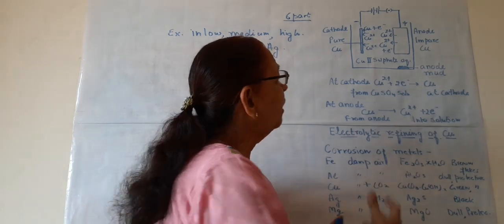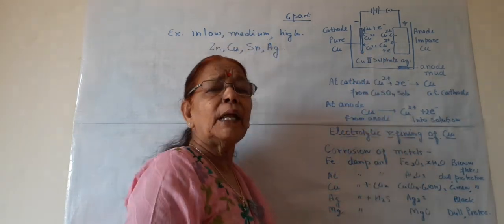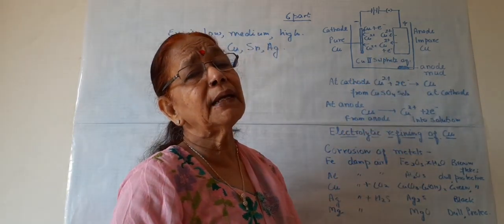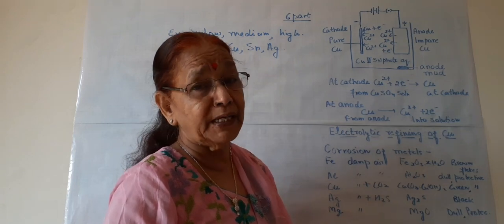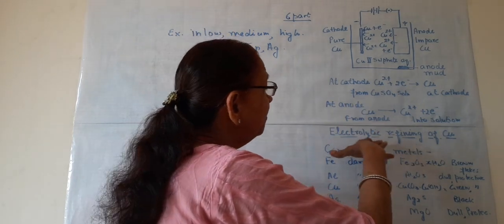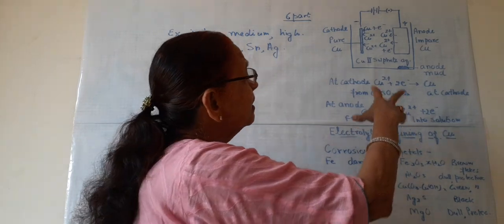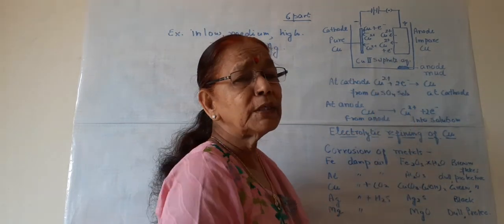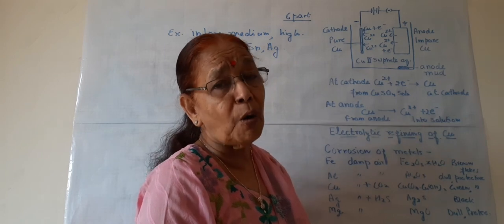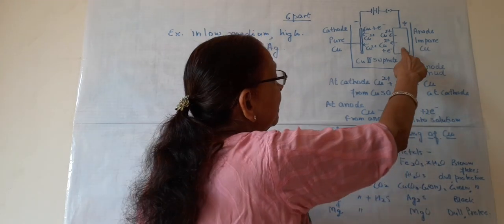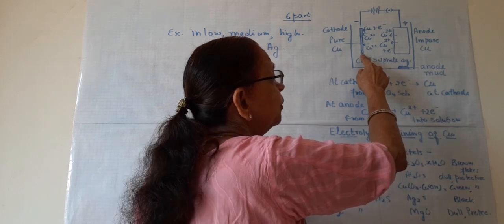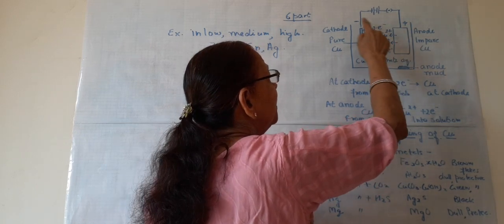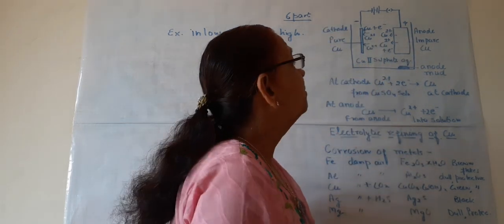Normally in an electrolytic cell we make electrodes of graphite, but here, as purification or refining is done, both electrodes are made of copper. This is the anode, this is the cathode. All of you know anode is plus and cathode is minus.